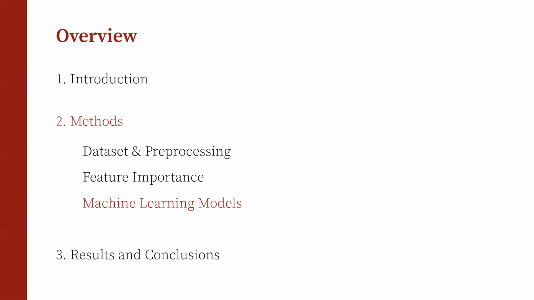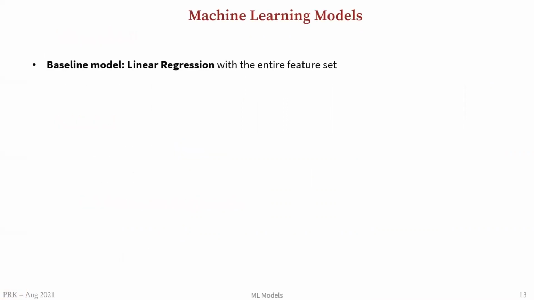Now let's get to the machine learning models that we use in this paper. The first model that we used, or the baseline, was linear regression with the entire feature set. Then, using the features selected by lasso CV, we used ridge regression, which is basically linear regression with L2 regularization.